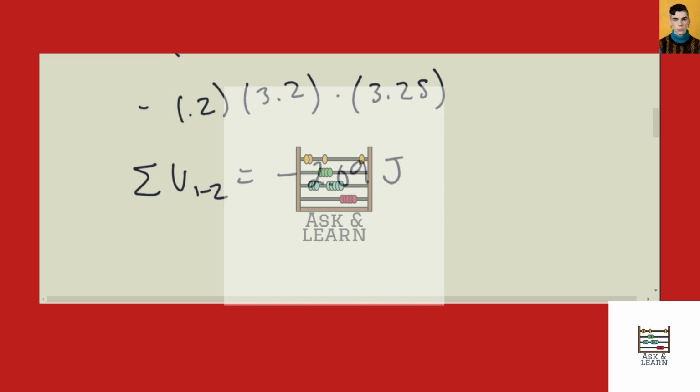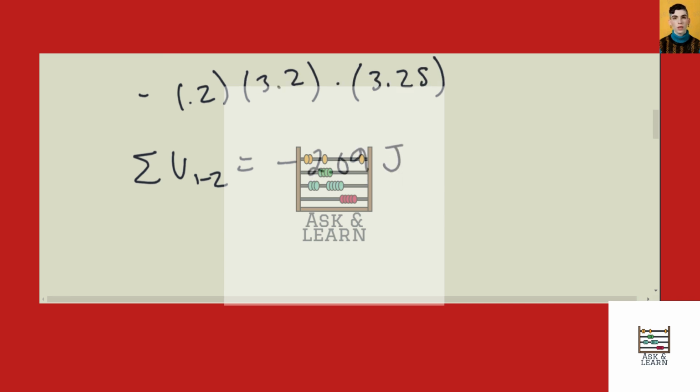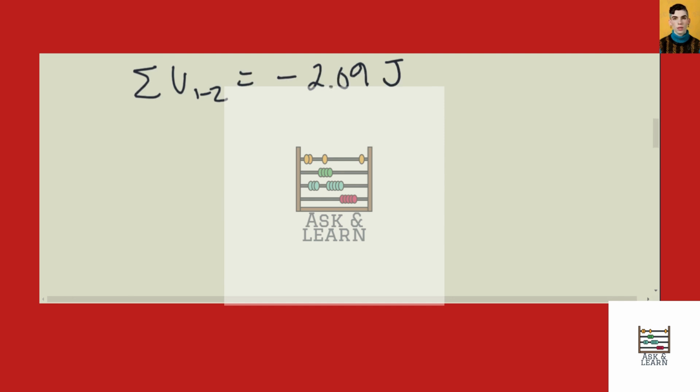joules. And now we can plug this in to our first equation. And we have, for the initial kinetic energy, 1/2 times m, 0.12 times v1 squared, minus the work we just found, 0.2 minus 2.09. And this is equal to 0. So we're solving for this velocity, v1.